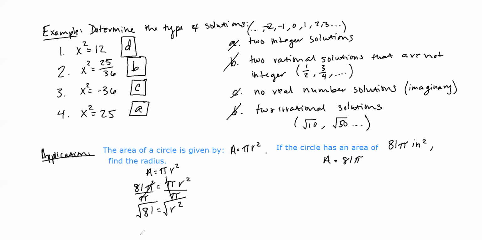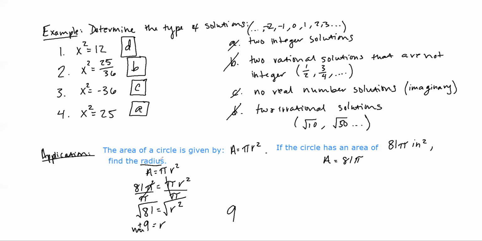Now, one thing to keep in mind here is that if I put plus or minus, square root of 81 is 9, equals r, even though this is how we'd solve a regular equation, because we're looking at an application here, we're looking for a distance because we're looking for the radius. We can't have negative distance, and so we're going to ignore the negative answer, and we're just going to have positive 9.